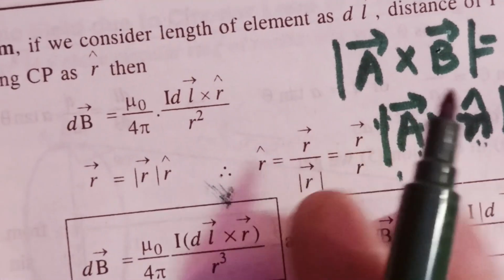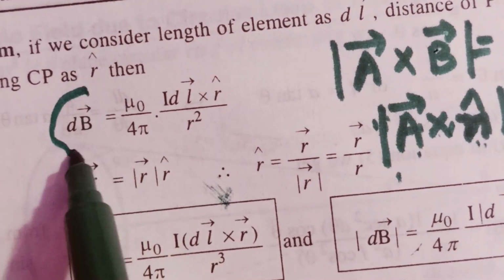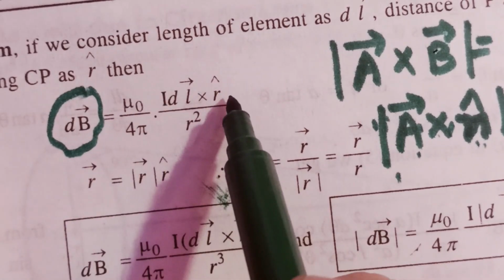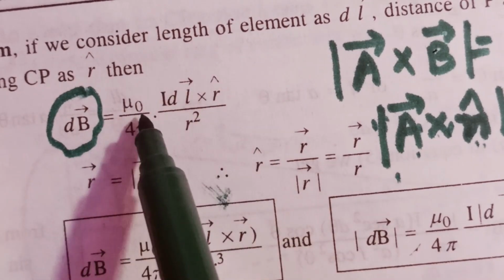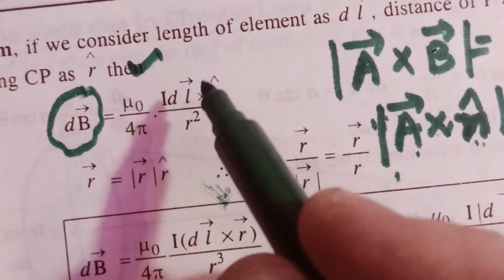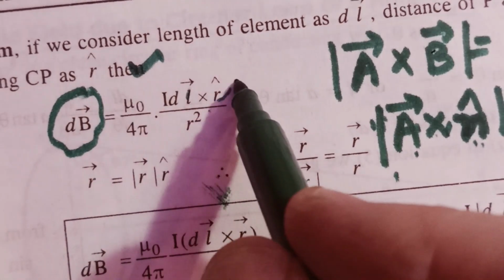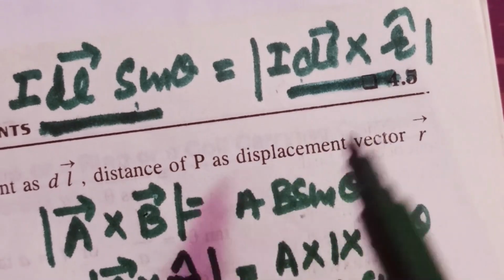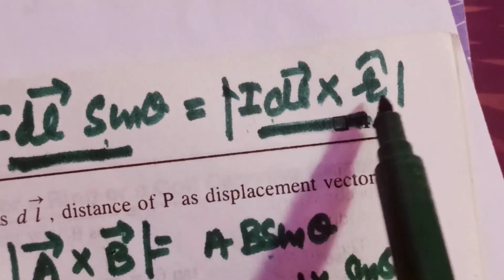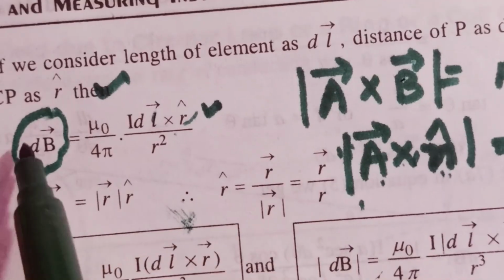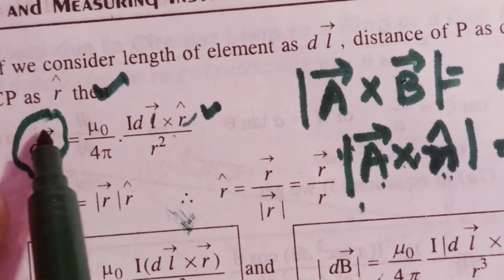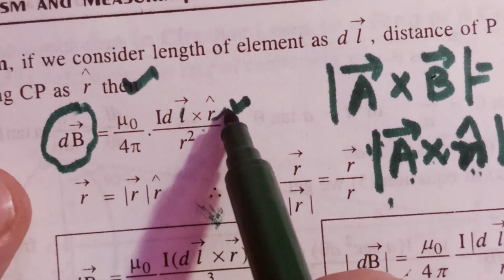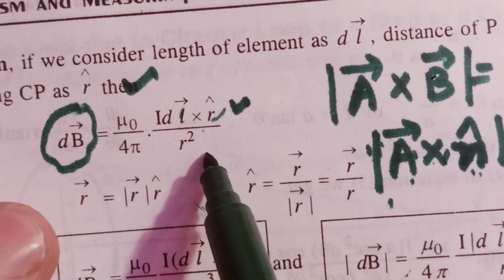Now, when you are writing in a vector form, then don't write the magnitude. It becomes mu naught over 4 pi I dl vector cross r cap. I explained here how it comes, but I'm not writing magnitude because I'm writing dB in vector form. So dl vector cross r cap upon r square.